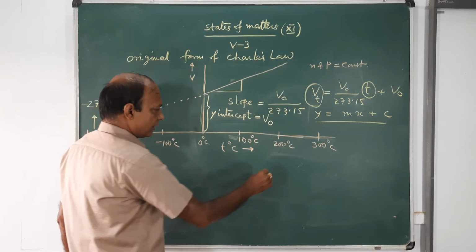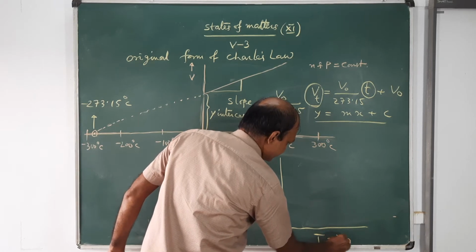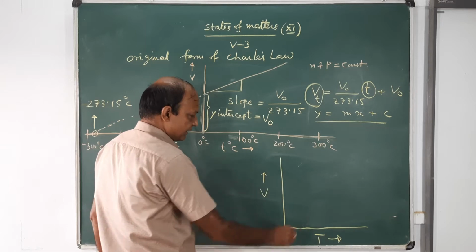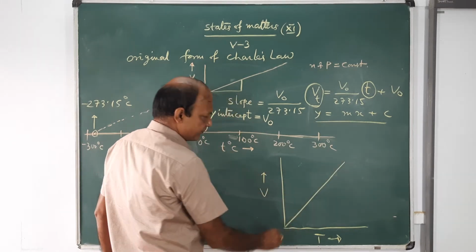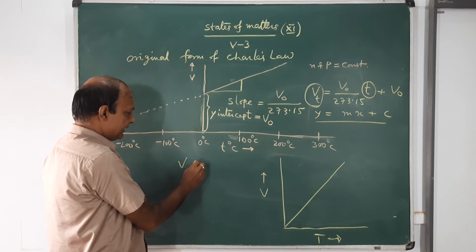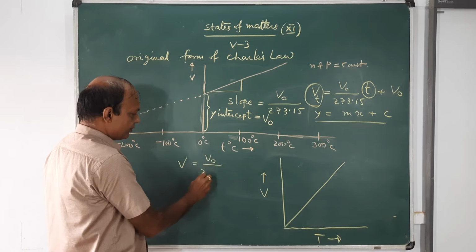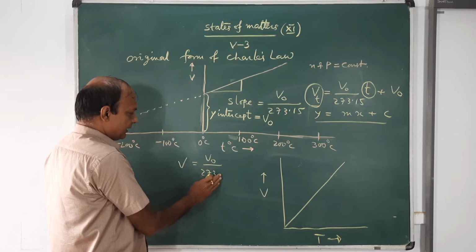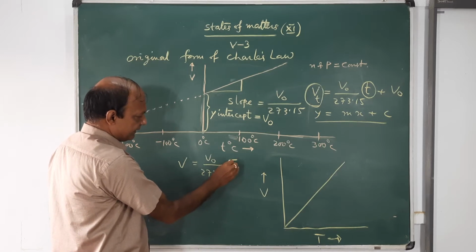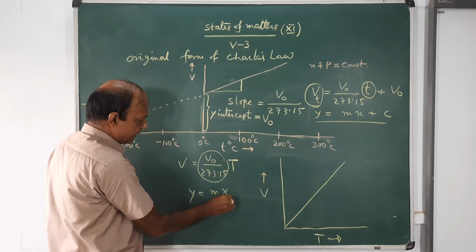Now, if you draw volume versus temperature graph, where capital T means Kelvin temperature, it will be a straight line passing through the origin, because you know what we have derived, V equals V0 by 273.15 into capital T. So this is a y equals mx type of graph.